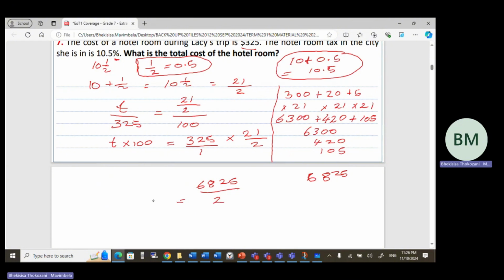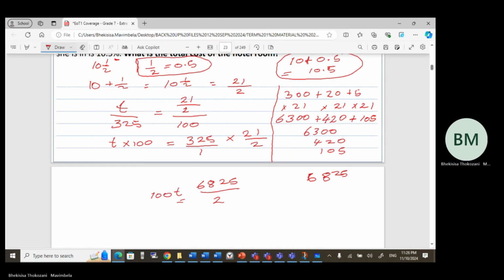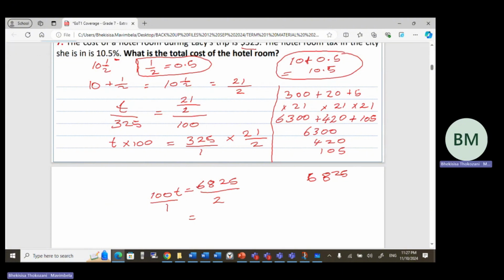By 2. This one is equal to 100T, right? All over 1. So now we have something like this.